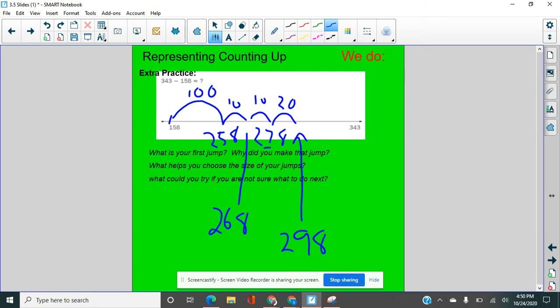Let's do another 20. So now I am up to 318. All right, I'm going to let you tell me the next one. Let's go 20 more. What's 318 and then 20 more? 338.